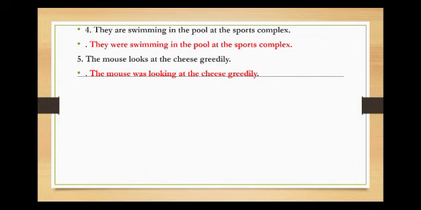Good children. I'm happy that you people are learning so quickly. Very good. I'm proud of you. Now, let's see the sixth sentence. Ishan is watching the final match of the tournament. So, again, it is a sentence of present continuous.